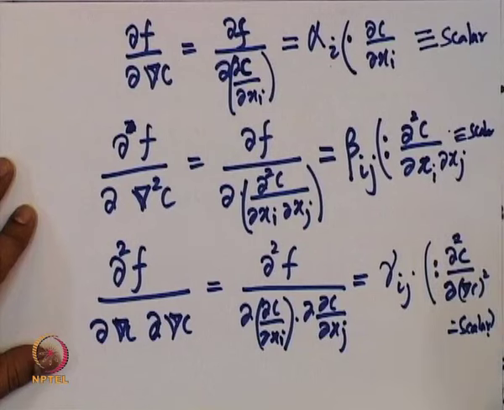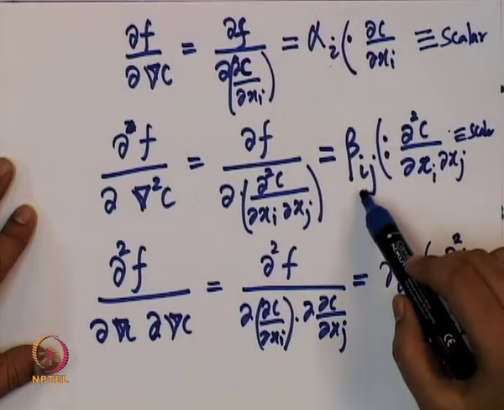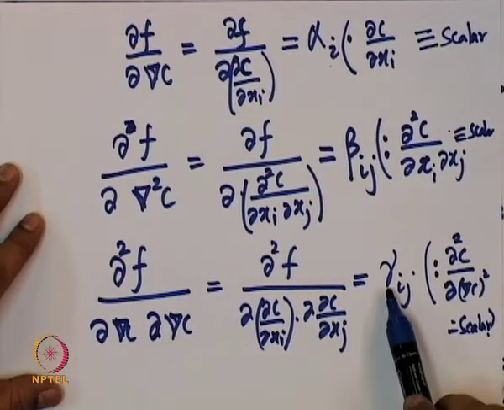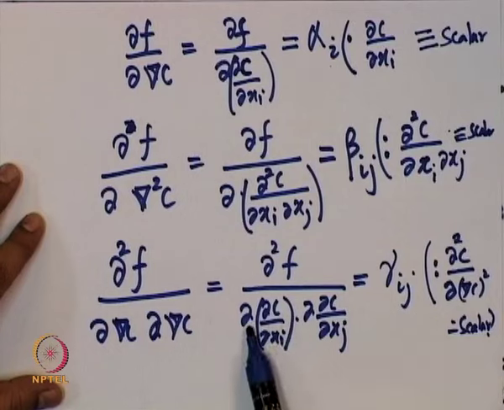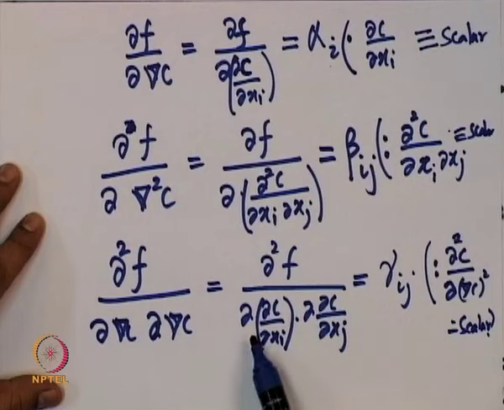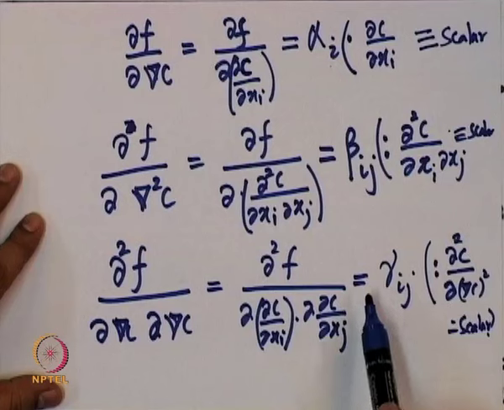So, the continuity properties are there, and if you assume them, beta ij and beta ji are basically the same, and the same is true with gamma ij also. Whether it is dou del c by dou xi and dou del c by dou xj, or you call it dou c by dou xj dot dou c by dou xi, it does not matter. So, gamma ij also has some intrinsic symmetry.